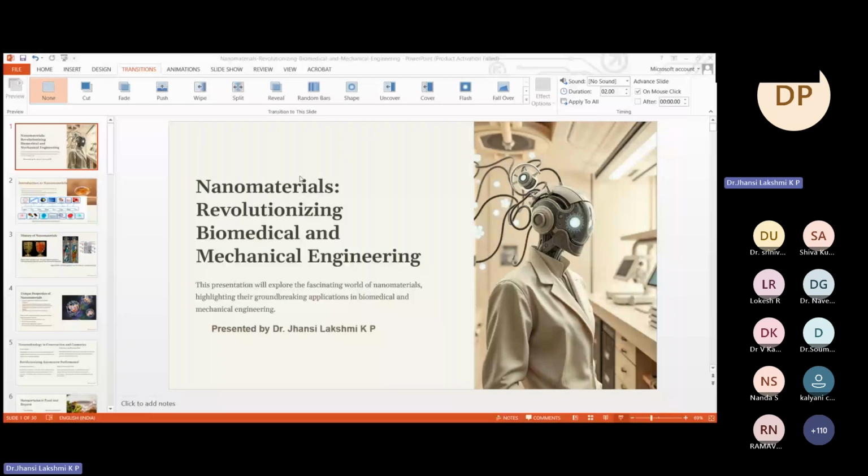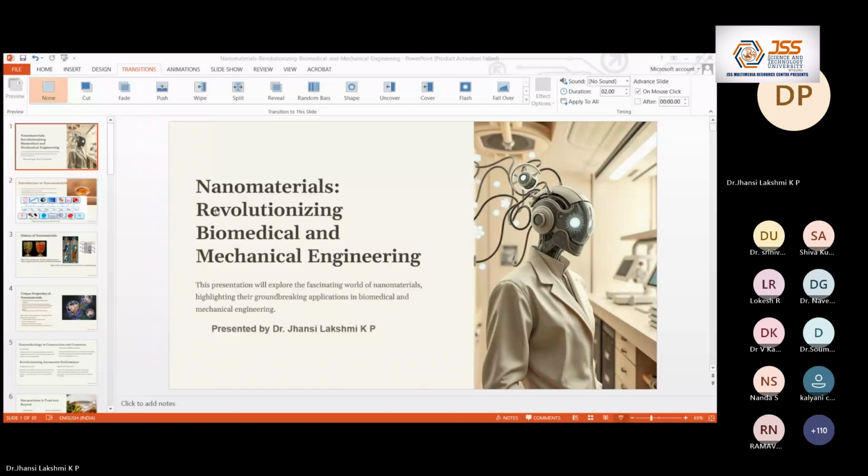In the same way, platinum, which is an inert material in its bulk state, will act as a catalyst in its nano state. Aluminium, which is a stable material, will turn into a combustible material in its nano state.